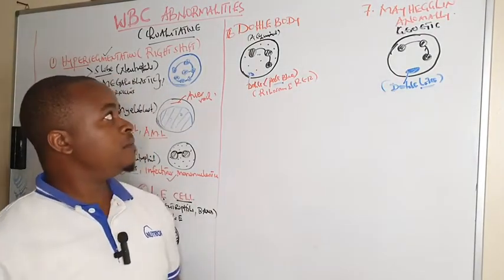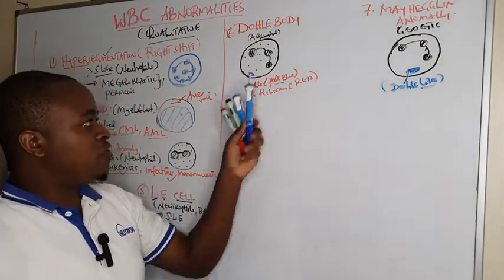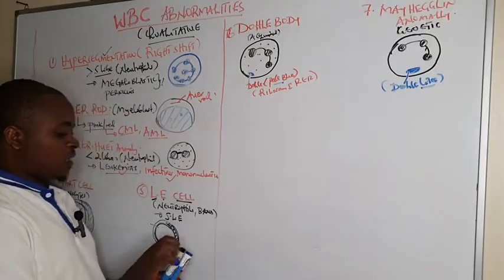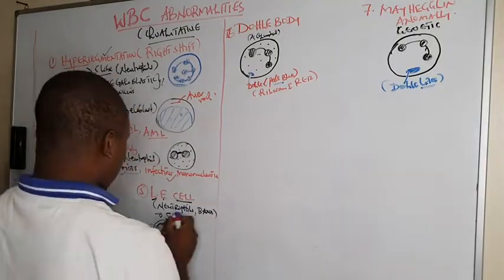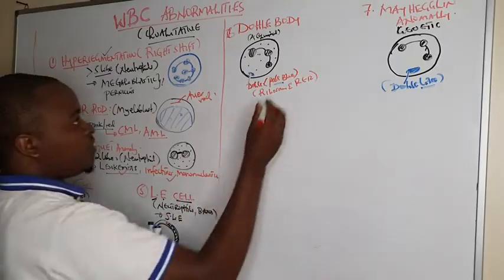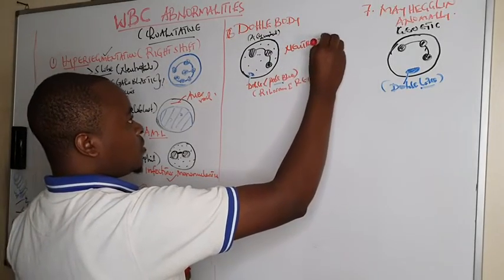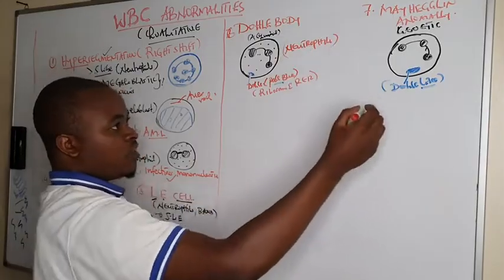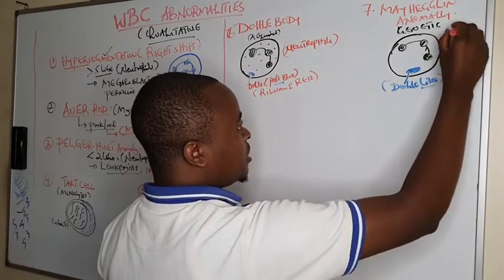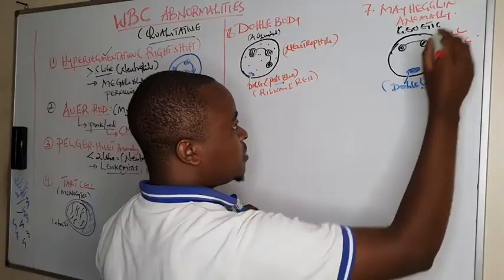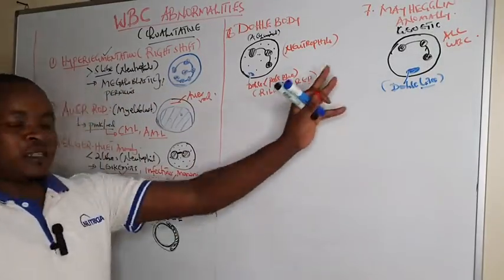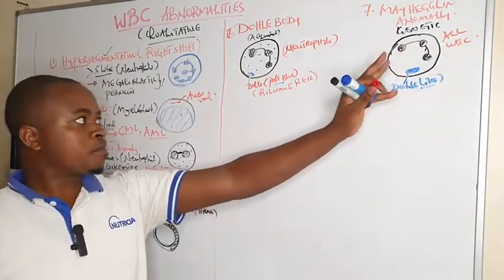As we have said, Döhle bodies are found majorly in neutrophils, whereas May-Hegglin anomaly can be found in majorly all white blood cells. And we said it is a genetic disorder.